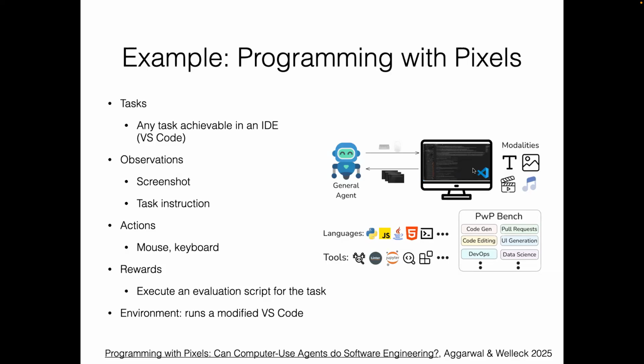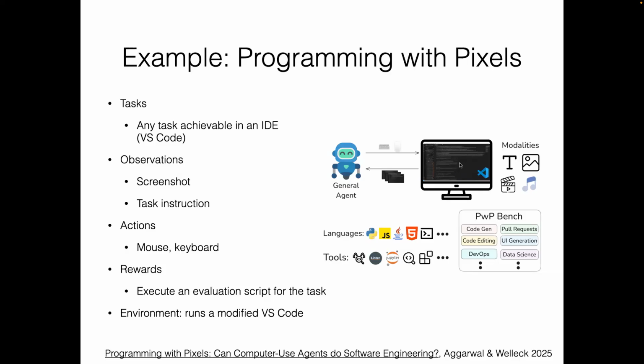And so now you can actually do non-trivial things. If you're just working from images and clicking and typing, you can actually solve some of the tasks. And then it turns out that the model still struggles with, especially typing in the right place, things like that. So if you give it access to just a few different tools like file editing, things like that, then it can do fairly well.